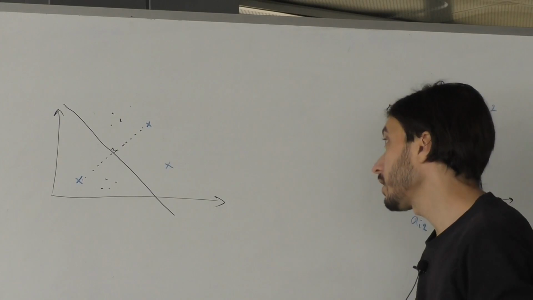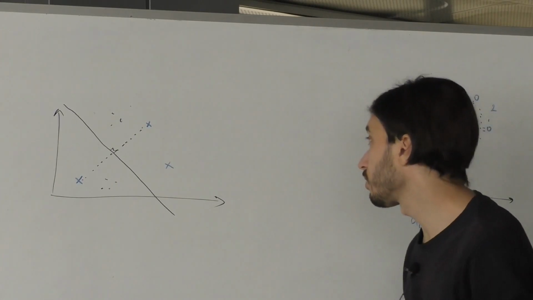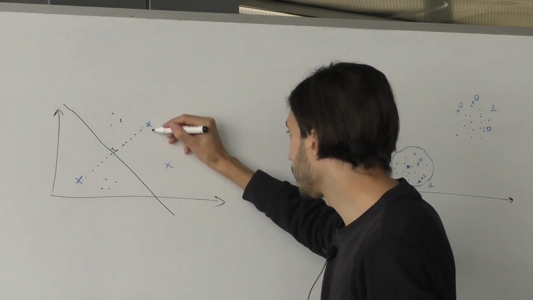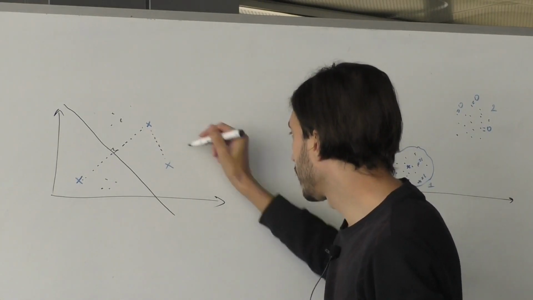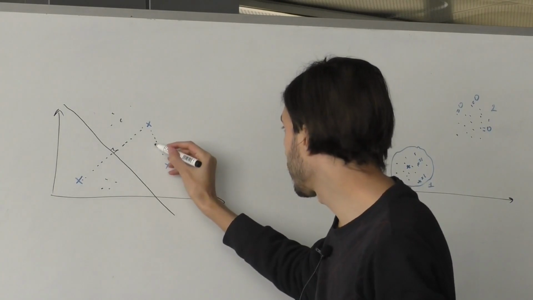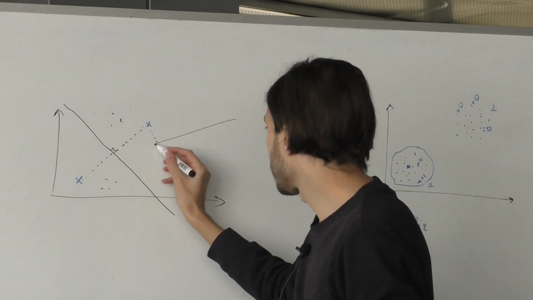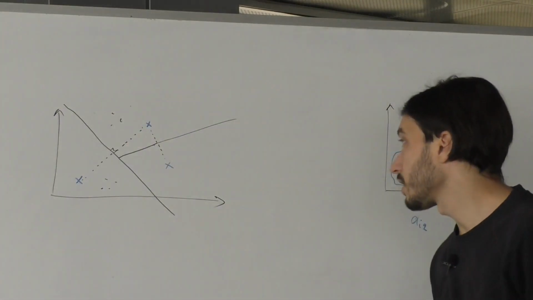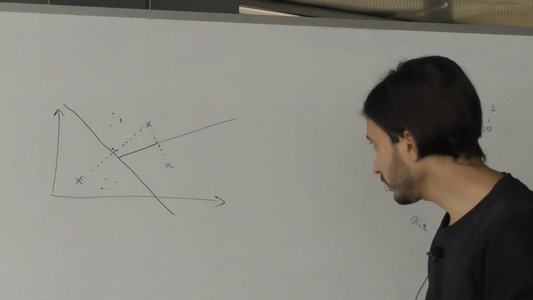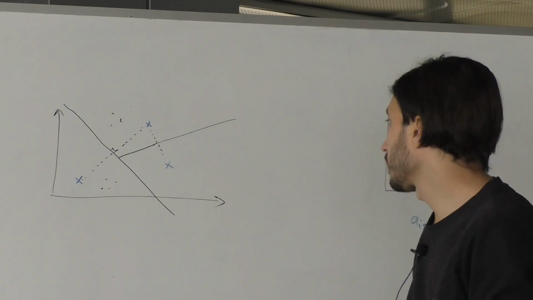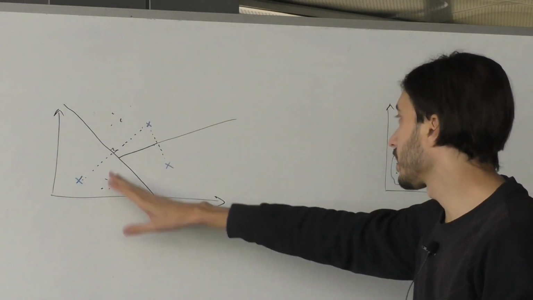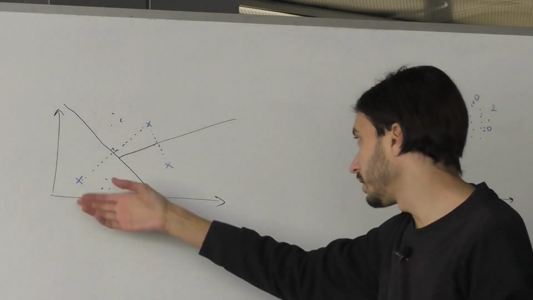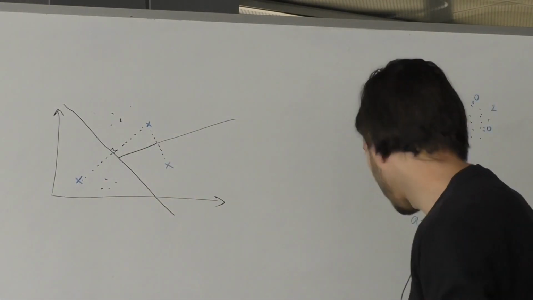There are some algorithms for how to split this plane more or less efficiently. Once again, you can draw some more perpendiculars, and so on and so forth. So you can think about splitting this plane into parts, and each of these parts will be closer to some of these points.